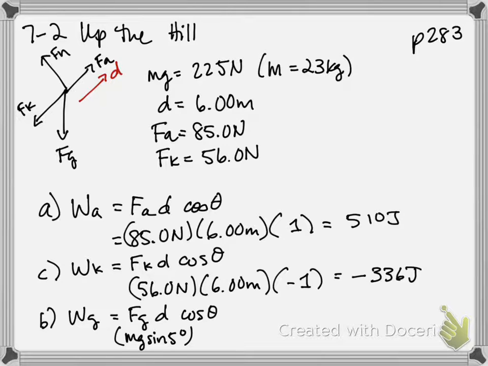Now, we've got our 6 meters as our distance, and then cosine theta, the angle between the gravitational force and the displacement. Gravity is not actually pulling the box straight down, it's pulling it down the ramp. So the angle for the component of the gravitational force is 180, so we put a -1 there.